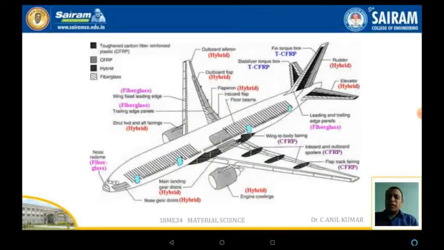Now, with respect to aerospace applications, most aircraft industries have a major application, either with CFRP or hybrid FRP or even fiberglass composites. Especially in the aerospace industries, all three categories, the MMCs, CMCs and PMCs, have major applications.